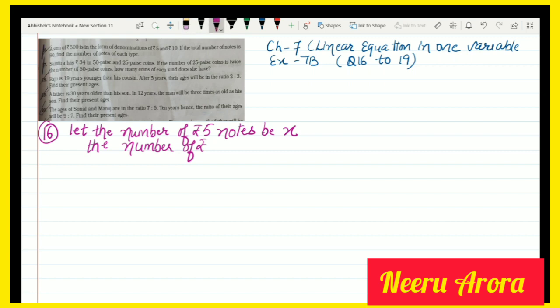If we have supposed 5 rupee notes as x, then what about 10 rupee notes? 10 rupee notes will be 90 minus x.